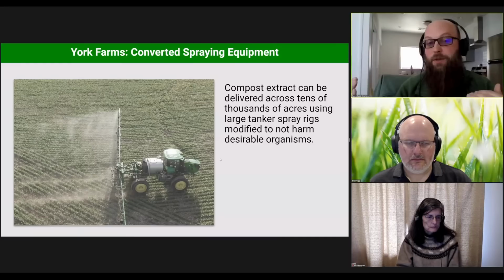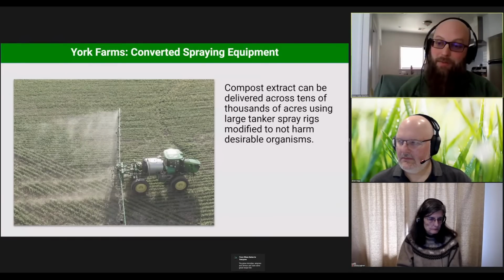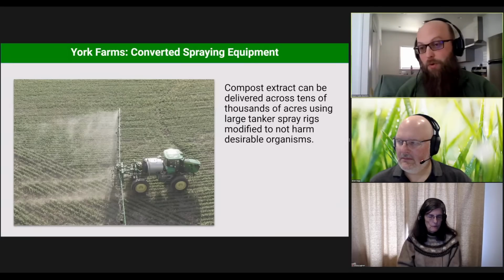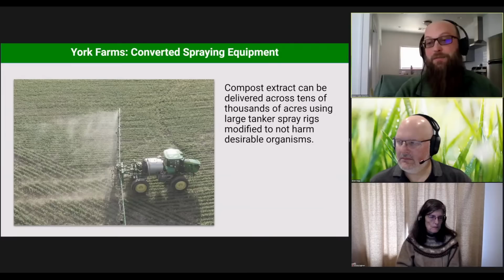And so one of my favorite examples with Adam York's case is that he used to spend a lot more money on seed because he was buying genetically modified seed and then spending a lot of money on Roundup to spray on his corn so that it would kill the weeds. And now he's spending much less money on seed. He's investing in different products that can feed microbes instead of Roundup.